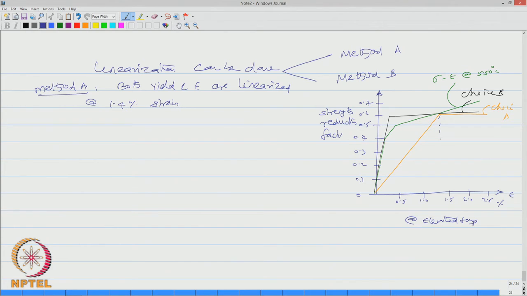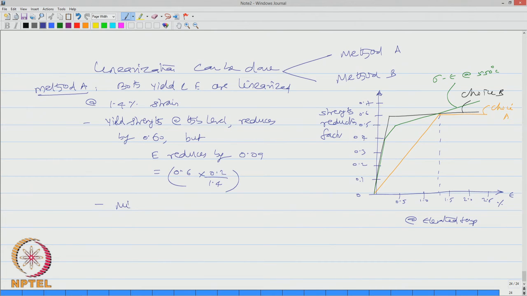So, this value is close to about 1.4, but yield strength at this level reduces by a factor of 0.6, but Young's modulus reduces by 0.09, that is 0.6 times 0.2 by 1.4.